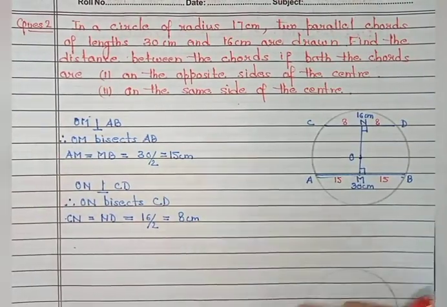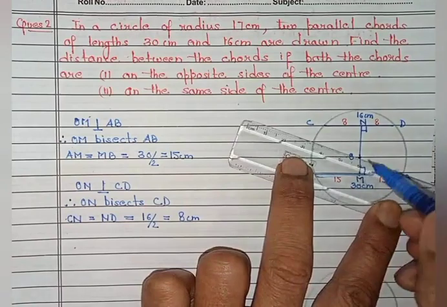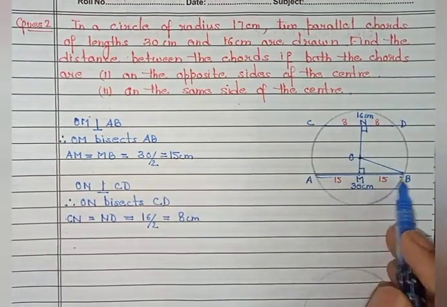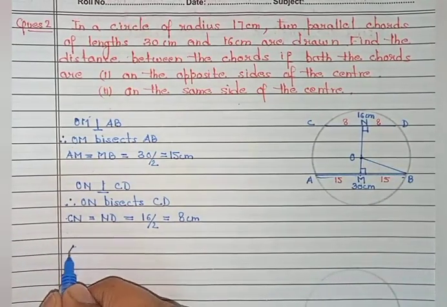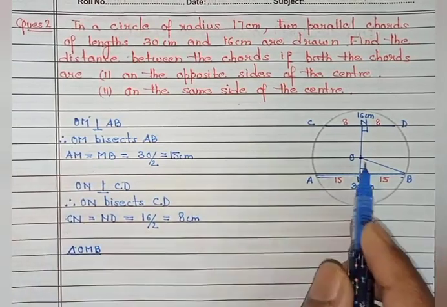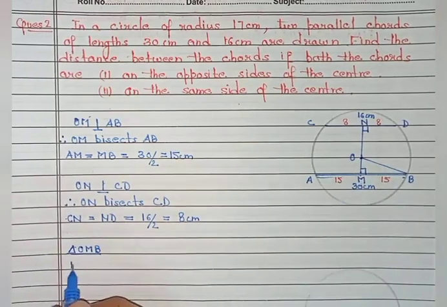Now what we will do, we will complete a right angle triangle with this chord first of all. So OMB is a right angle triangle. So we can say in triangle OMB, as you can see, OMB is a right angle triangle, so we can apply the Pythagoras theorem.